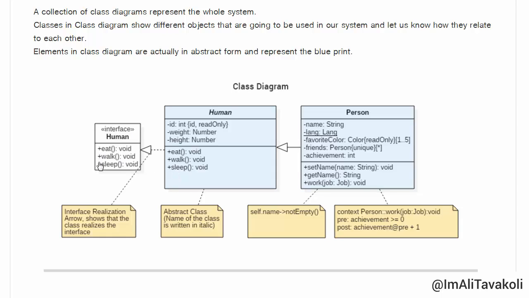And this is our interface, which states that the class that is going to implement it must have these three operations. As we know, the notation of an interface is a circle, but we can also show it like this, and express that it's an interface by using the interface stereotype.